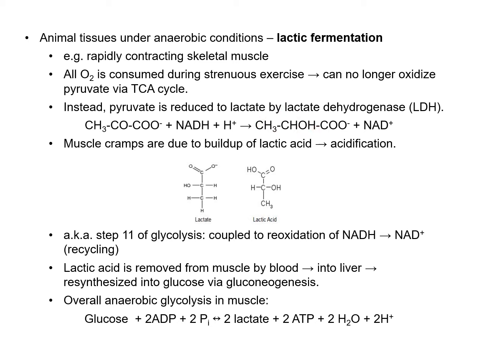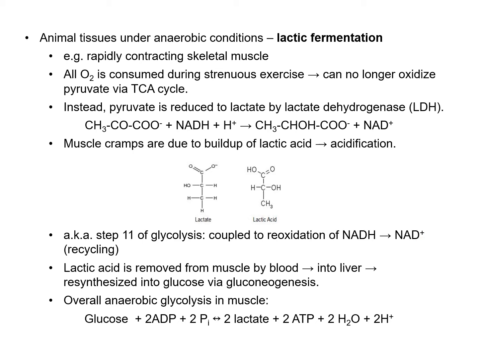Muscle cramps are due to the buildup of lactic acid, which leads to acidification of the tissues. This lactic fermentation is also known as step 11 of glycolysis, which is coupled to the reoxidation of NADH to NAD+ recycling.